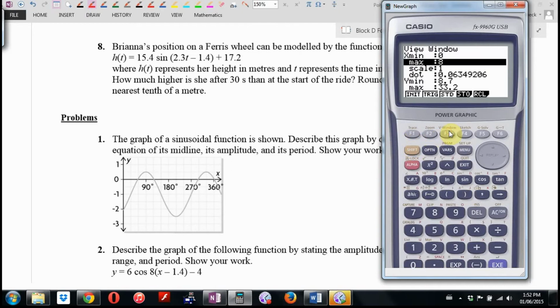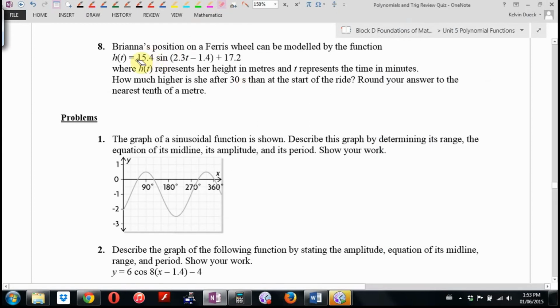Time starts at 0. 30 seconds, I'll go to 32 seconds. Scale, I don't know. I'll go by 5s. Y min, 0 for a Ferris wheel. What's the maximum? Brianna, what's the amplitude of this trig function? What's the midline?